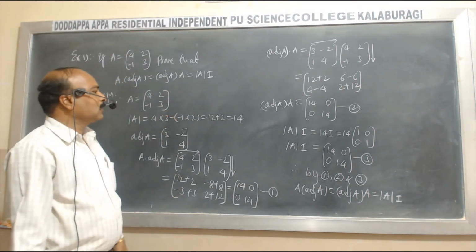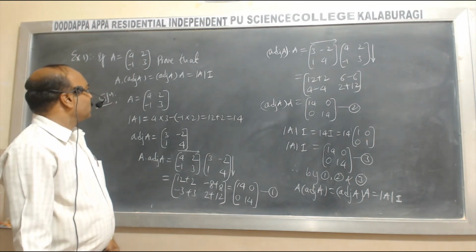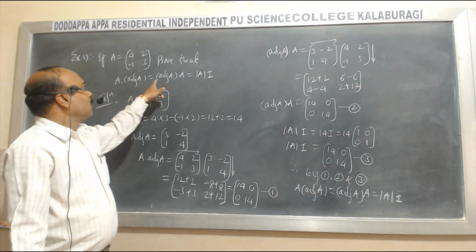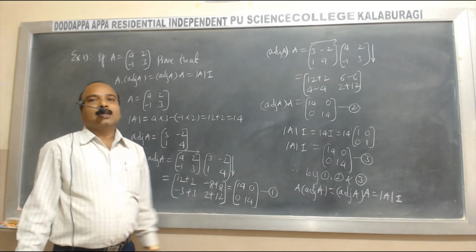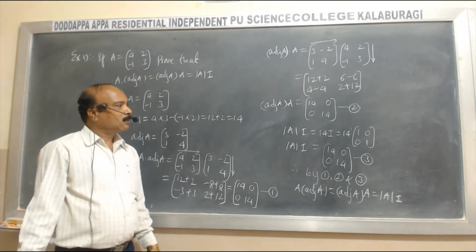Like that, we prove the result according to the product of A with adjoint of that matrix. Take the solution.